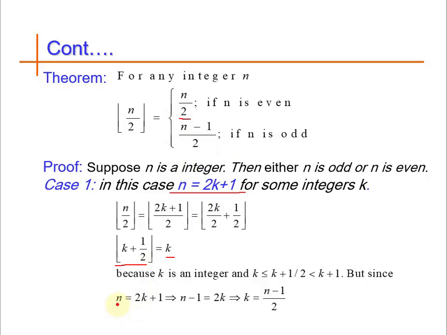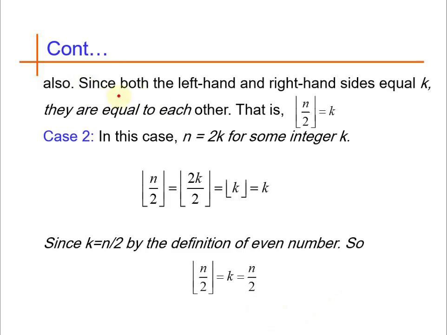We can see here that n is equal to 2k plus 1, and taking 1 to the left side and then dividing by 2, we get k is equal to n minus 1 over 2. Since both the left hand side and right hand side equal k, they are equal to each other, and that is floor of n over 2 is equal to k, which is equal to n minus 1 over 2.